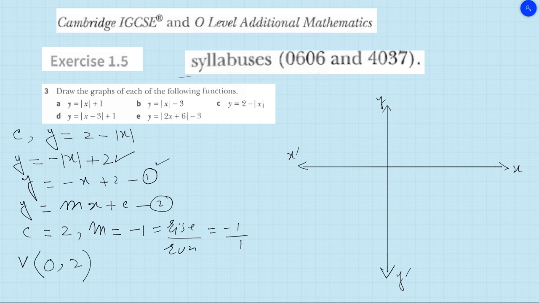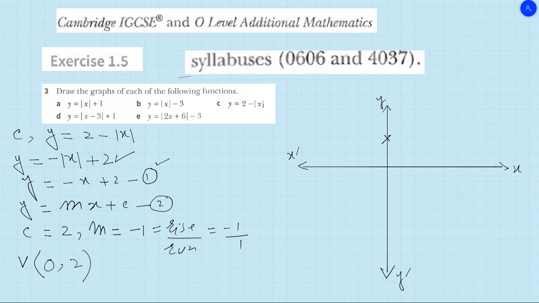Again, what is the first step? The first step is to locate the y-intercept. You can take 1 square as 1. So 1, and this is 2. This is our y-intercept, 2.